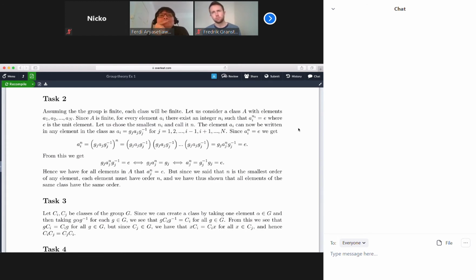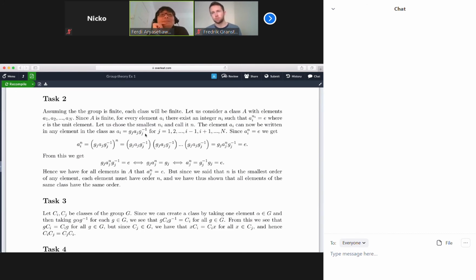And we can choose the smallest of these integers to be ni, and just denote it by n. Okay. And then we express ai to the power of n in terms of another element in the group, because we know that there are elements G for which this relation holds.